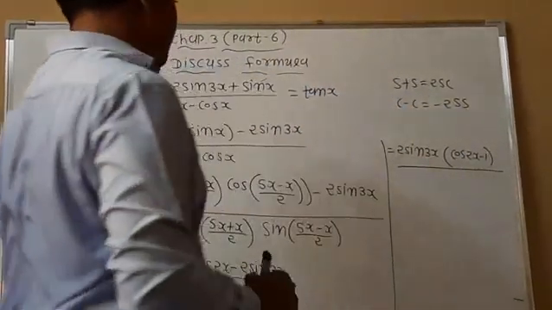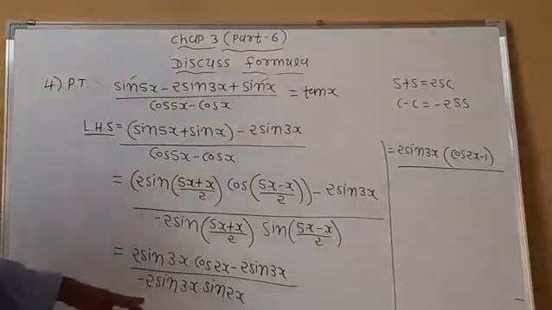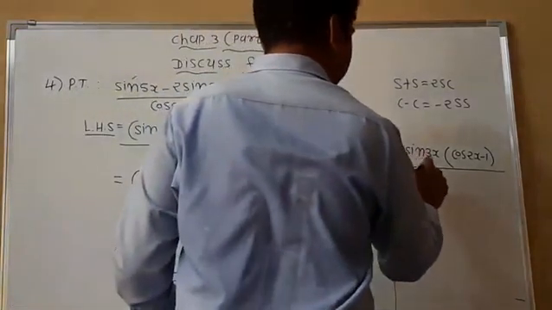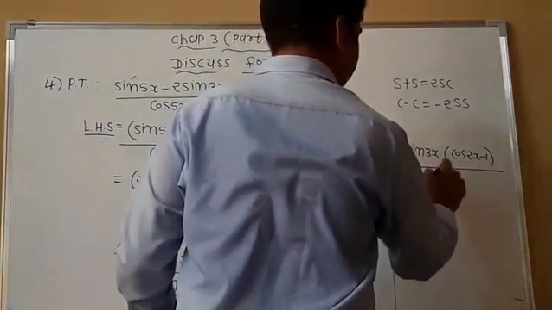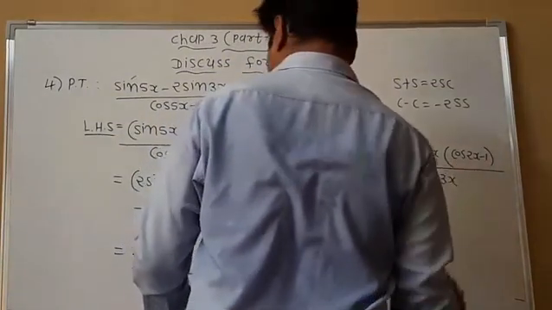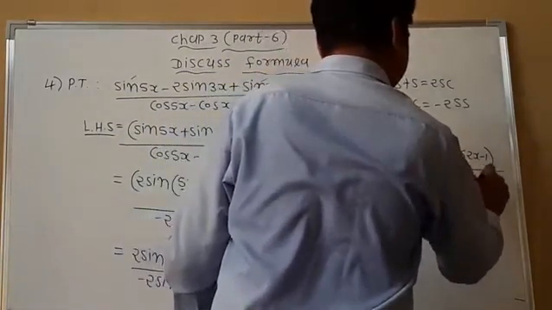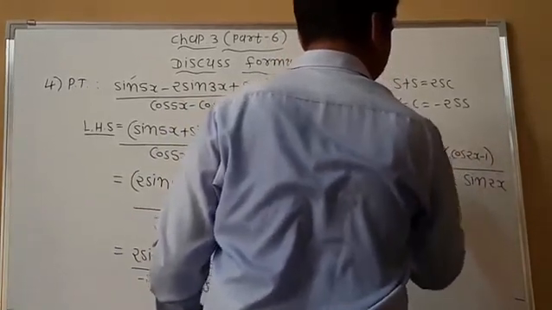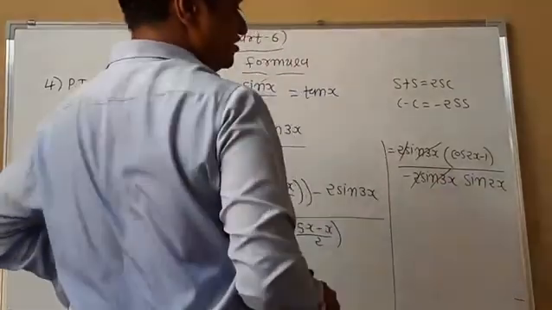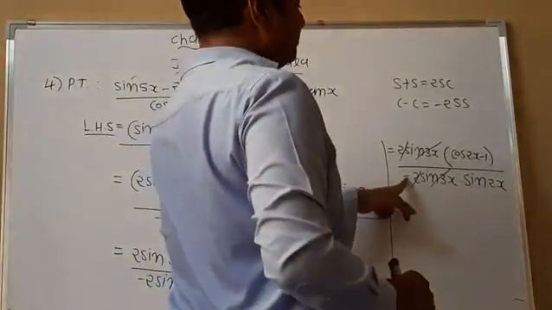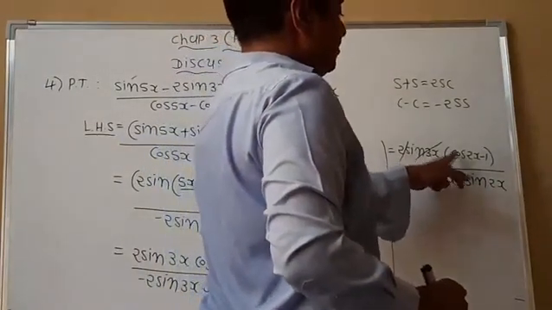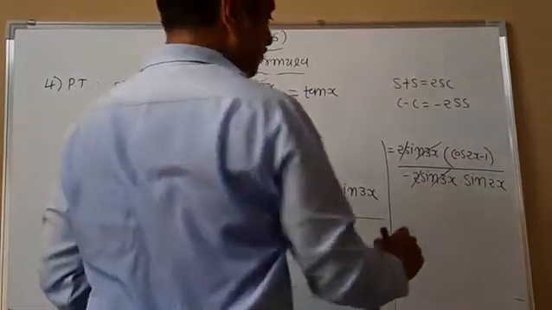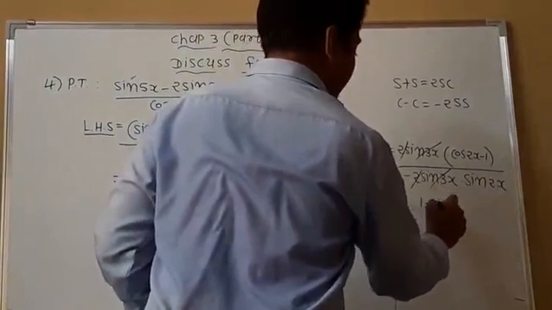In the denominator we write as it is, minus 2 times sine 3x into sine 2x. Cancel this term, 2 also cancels. Here remove this minus sign and write cos 2x minus 1 in place of 1 minus cos 2x.